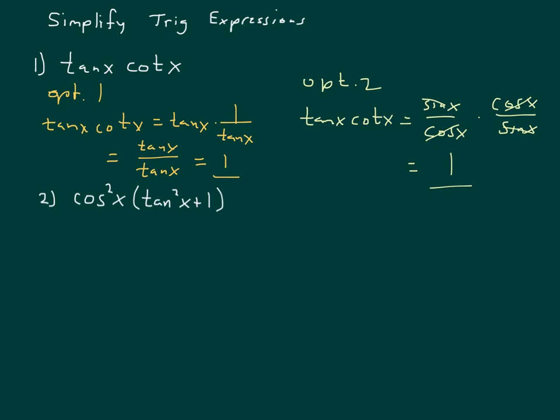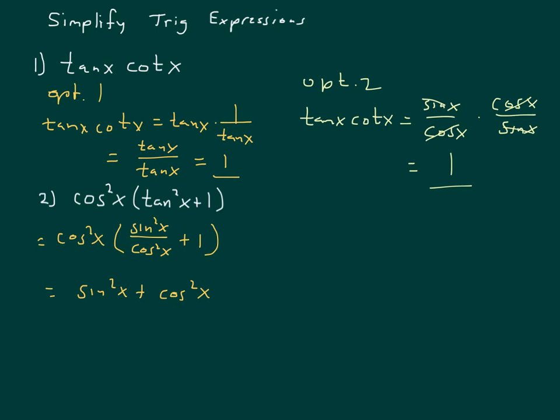So I'll have cosine squared x times sine squared x over cosine squared x plus 1. At this point, I can distribute the cosine squared. Taking cosine squared times the sine squared over cosine squared, the cosines drop off. I'll end up with sine squared x plus cosine squared x.